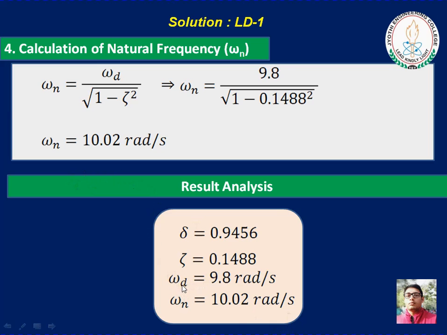Always the damped frequency will be less than the natural frequency, because while moving a body in a resisting ambience, the time taken will be more to complete one oscillation. Since the time is more, the frequency will be less. So omega d, the damped frequency, is less than the natural frequency.